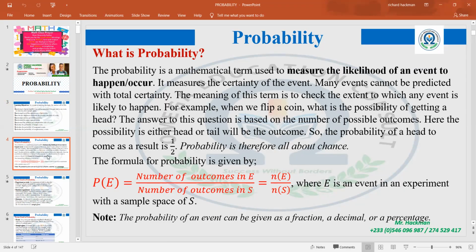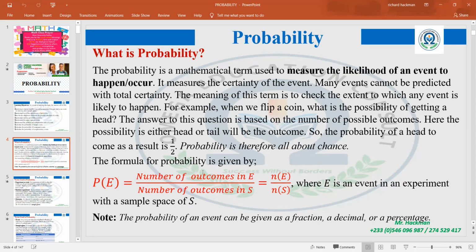Probability is a mathematical term that we use to measure the likelihood of an event to occur, the chance of an event to occur. So probability is all about chance. Anything that involves prediction is probability. Any chance process, probability will be involved. So please take notes.